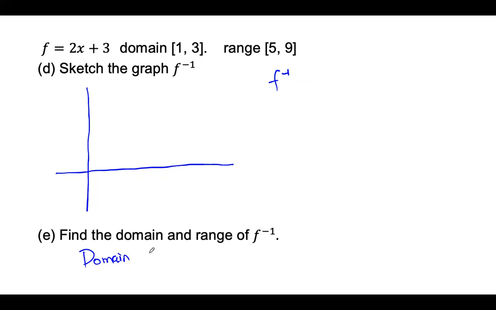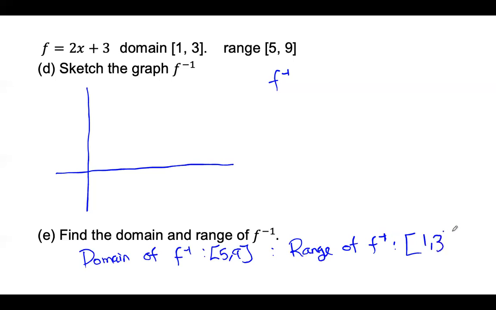Yes, exactly. So the domain of the inverse, I heard it, was 5 and 9. And it can help us plot this better. And the range of the inverse, what is that going to be? 1 and 3. Right, 1 and 3. And they are equal. What else?